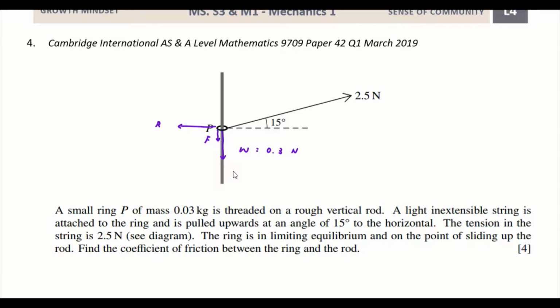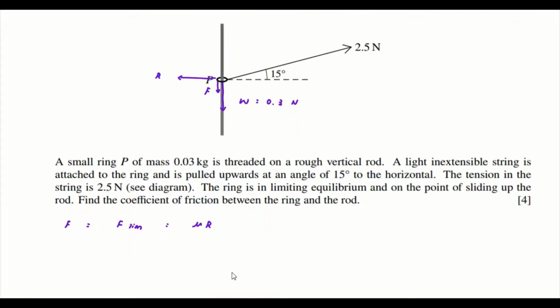So now we can try to find out what we have here. Since it's in limiting equilibrium, all the friction exerted here is the limiting friction, which will be equal to mu R. In this case, we have two variables, mu and R, right? So let's see whether we can solve for one variable first.